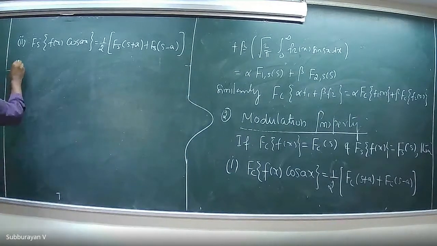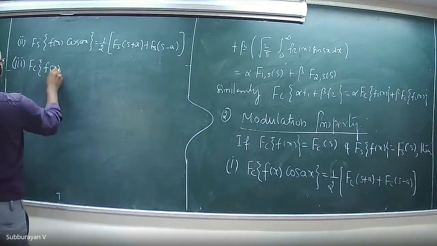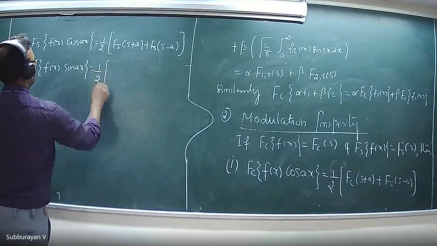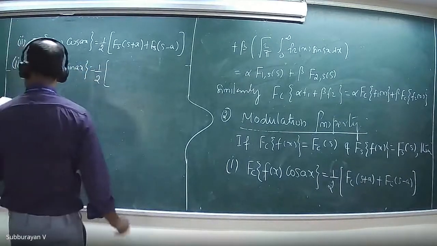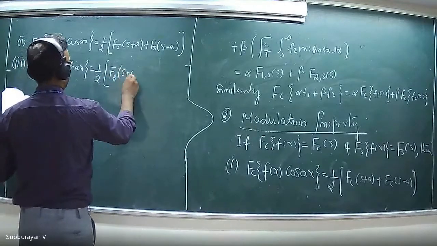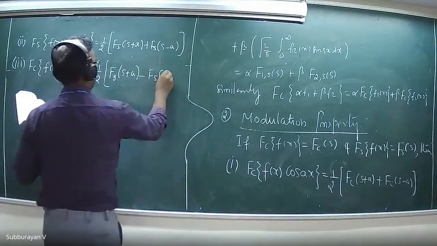The third subdivision is the Fourier cosine transform of f of x into sine ax, which is equal to 1 by 2 into fs of s plus a minus fs of s minus a.